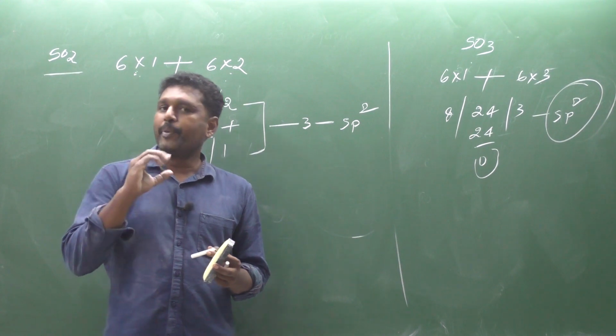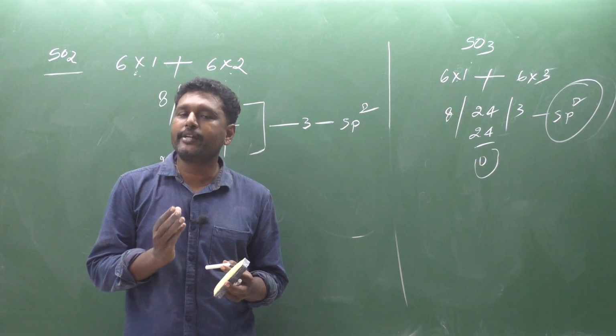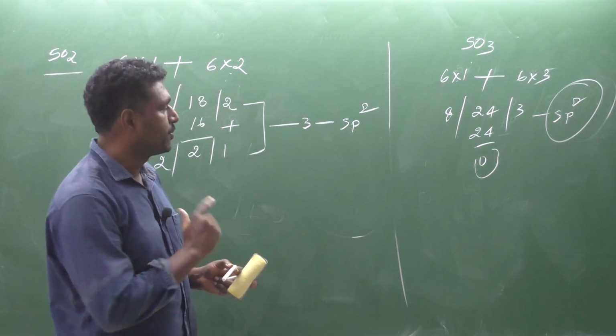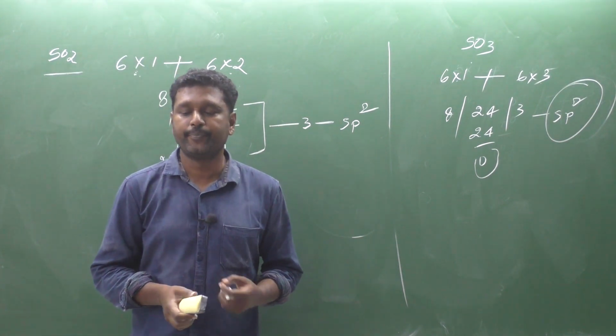By knowing the group number and its atomicity, we calculate the hybridization of inorganic molecules. So this is the simple method.